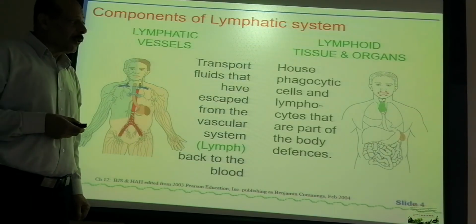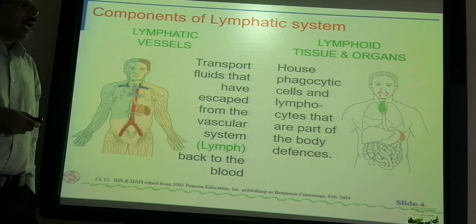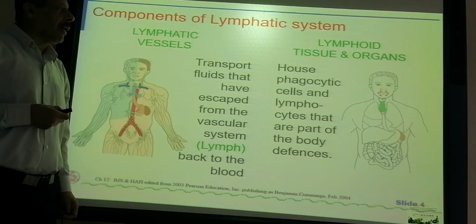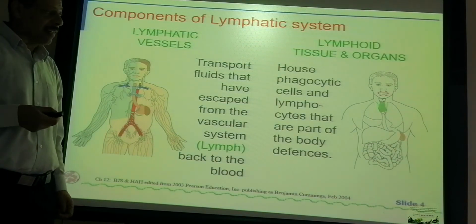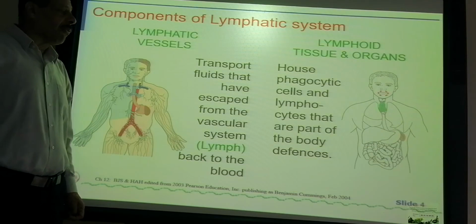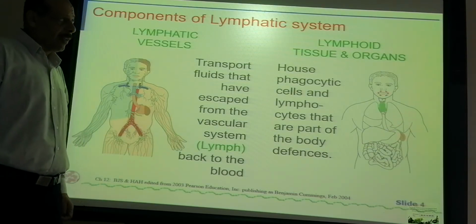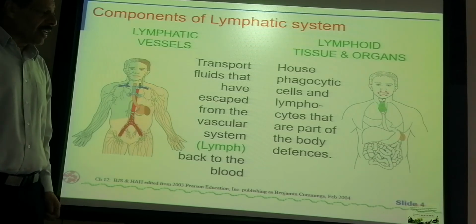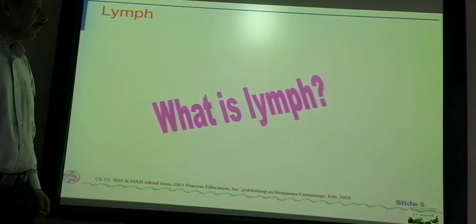The lymphoid tissue is a house of the phagocytic cells and lymphocytes that are part of the body defense mechanism against any kind of invasion.